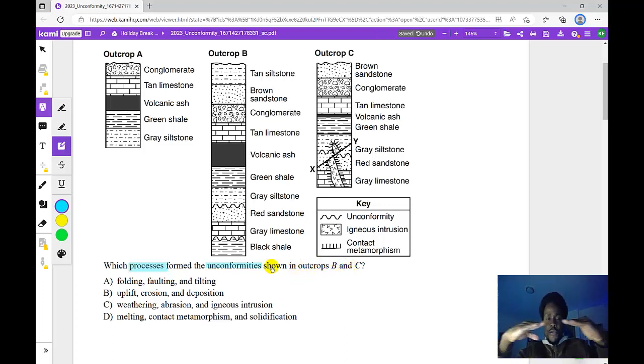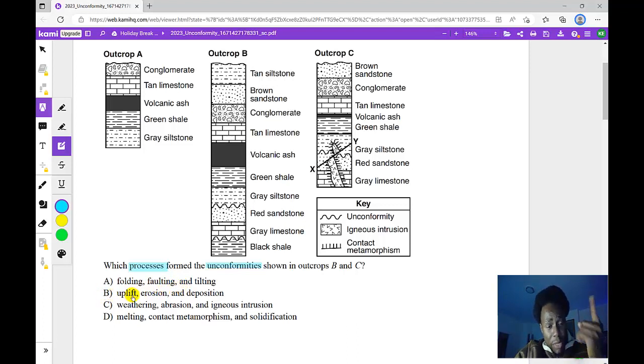As we know, it is folding, uplifting, then erosion of that uplifted part, and then subsidence that makes unconformity possible. So we are looking for things around that area. I see folding, faulting, and tilting here. Faulting and tilting are not really what is required here.